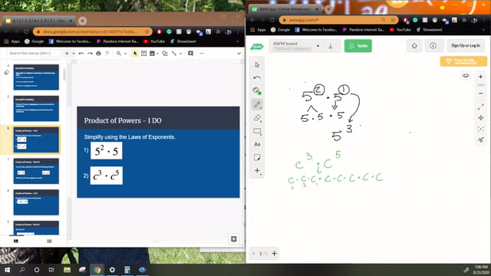We have 1, 2, 3, 4, 5, 6, 7, 8. So that's really saying c to the 8th power. How did I get that 8? I just added that 3 plus that 5. So our tentative rule here would be, if we have two exponents with the same base, we could add their exponents when we're multiplying them.